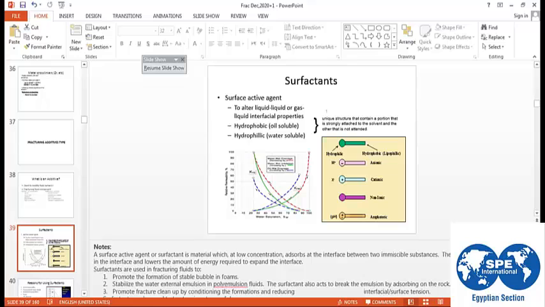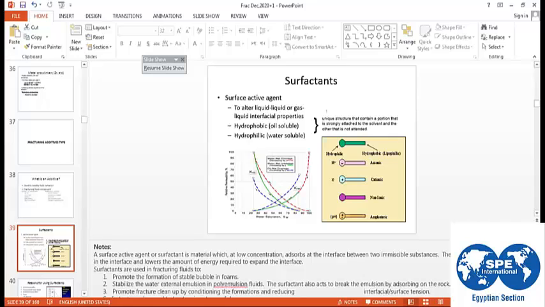We have two final questions. How to calculate the frac gradient from the Minifrac? Actually, from the Minifrac, the most accurate value you get is the closure pressure, the closure gradient, not the frac gradient. First of all, what is the difference between the frac gradient and the closure gradient?